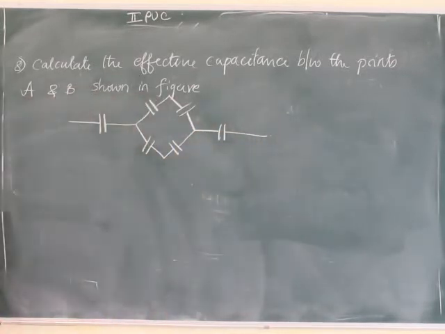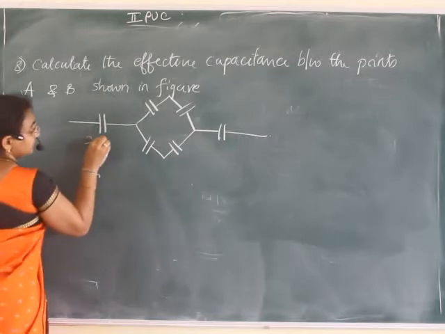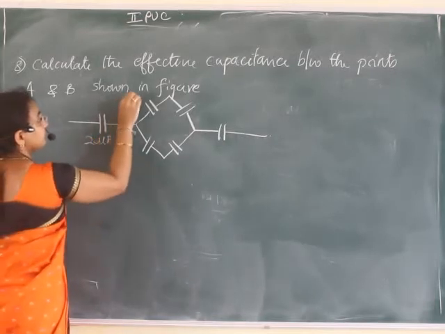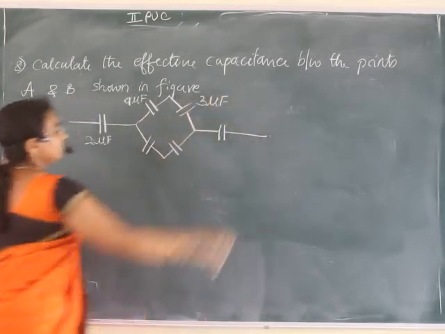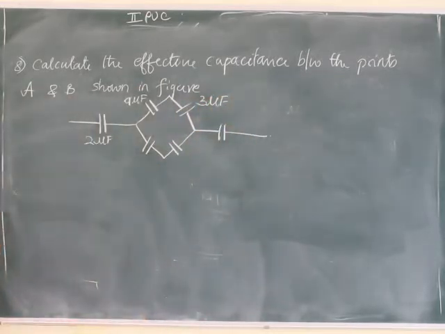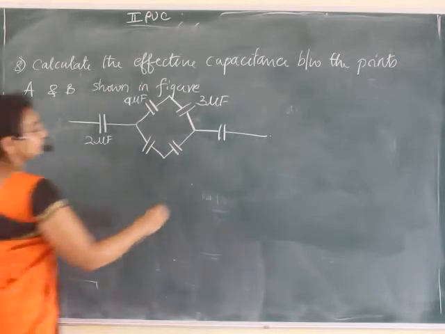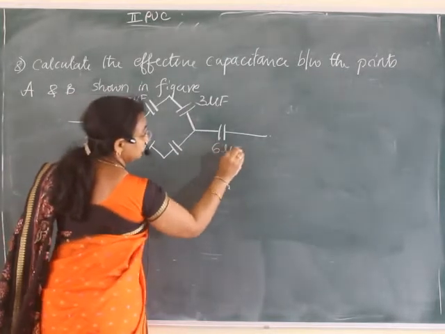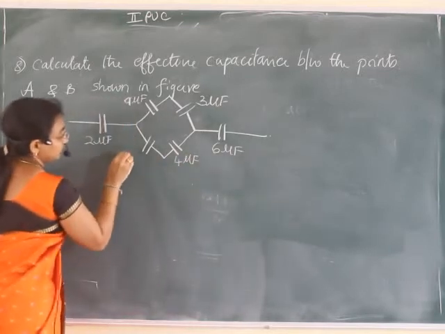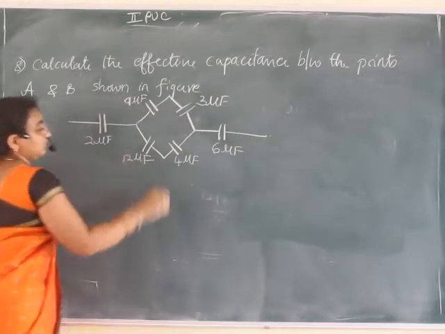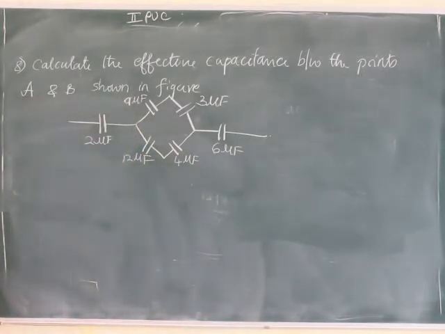This is the diagram. Okay, 2, 9, 3, 6, 4, 12. So this is the diagram.